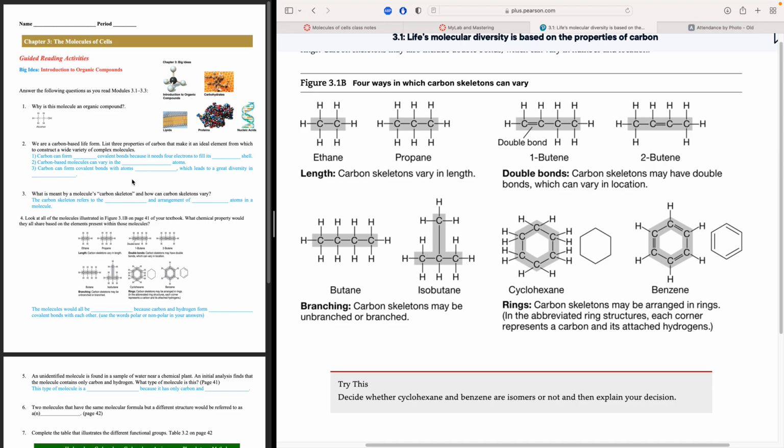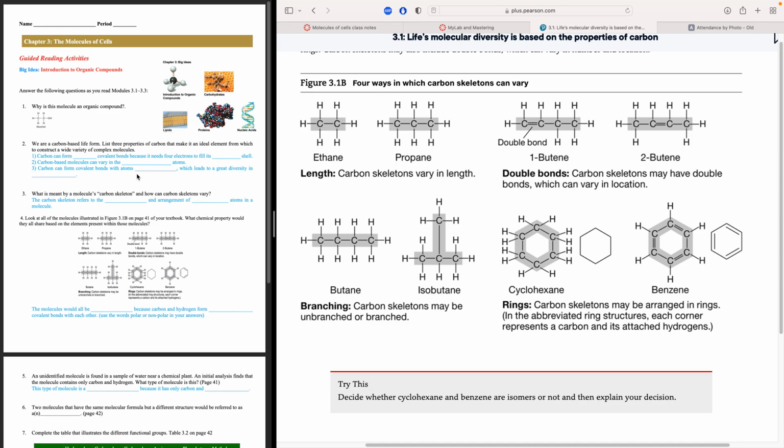That's why they're called macromolecules, because they get to be ginormous. And 2.3, carbon can form covalent bonds with atoms to itself, with atoms of other carbon.